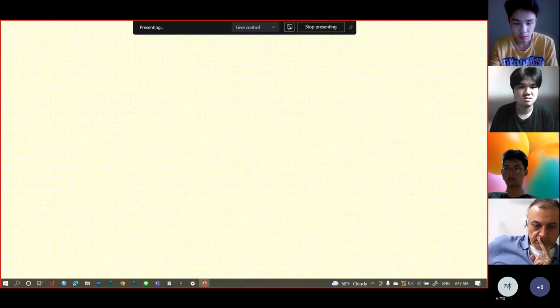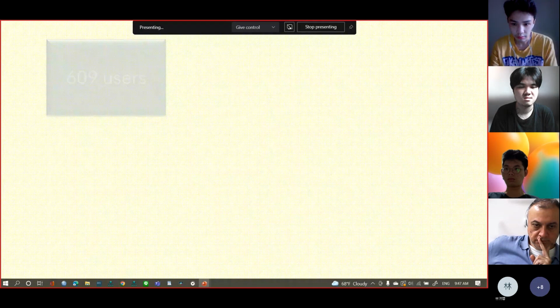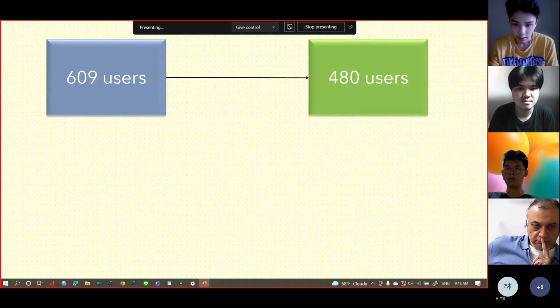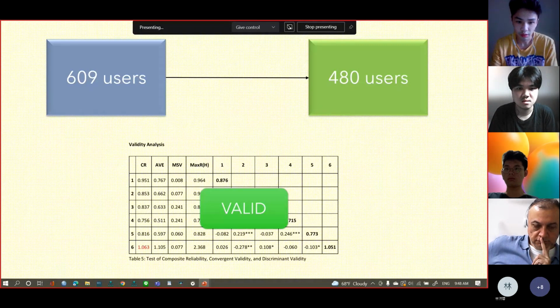So from there, a total of 609 data was collected via Google Forms. After cleaning the data by checking the normality and outliers, 480 respondents are used for further analysis. Then when we check the validity analysis of it, it shows that this data is valid to go for further analysis.